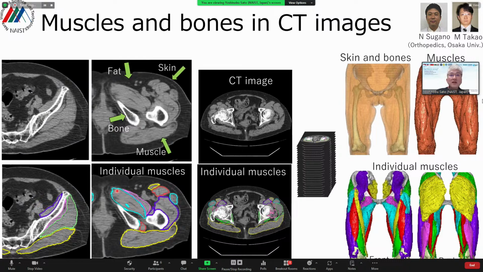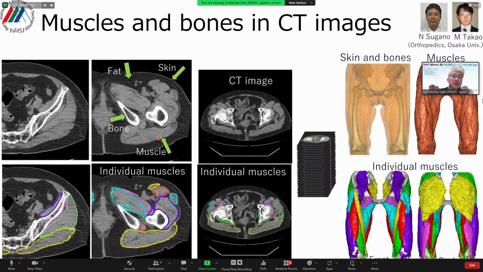This is an enlarged view of CT images. Roughly speaking, this white part is bone. This bright gray part is mainly muscle. And this dark gray part is fat. Of course, the boundary between outside the body and inside the body is skin.